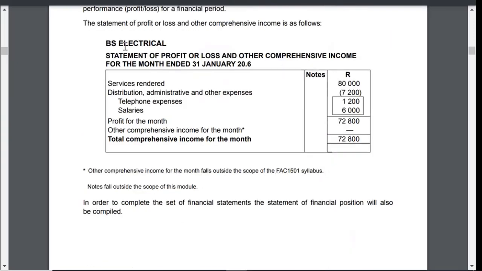So this is the statement of profit and loss and other comprehensive income. Service rendered, where do they get the service rendered? It comes from the trial balance. This is the statement of profit and loss and other comprehensive income for the month of January.